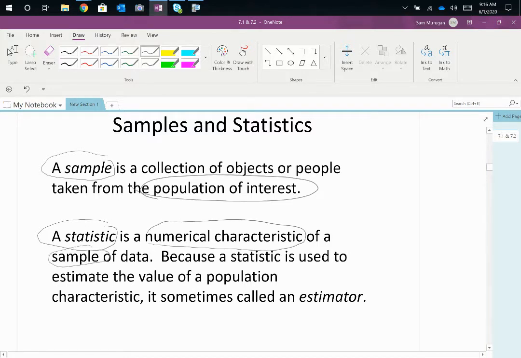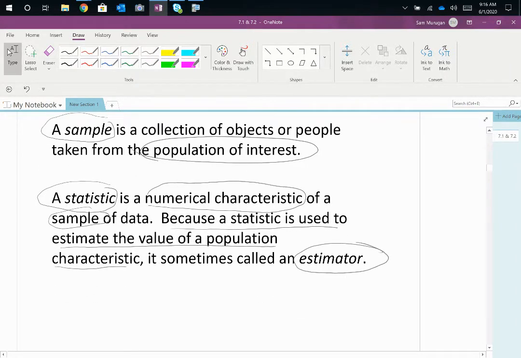I hope you're seeing where this is going. For the population itself, the numerical part is the parameter. For the sample, the statistic is the numerical part of it. Because a statistic is used to estimate the value of a population characteristic, it is sometimes called an estimator. It's used to give you an idea of what is occurring in the entire population.